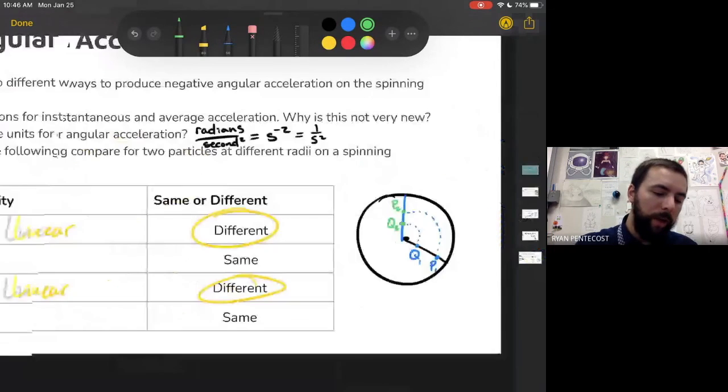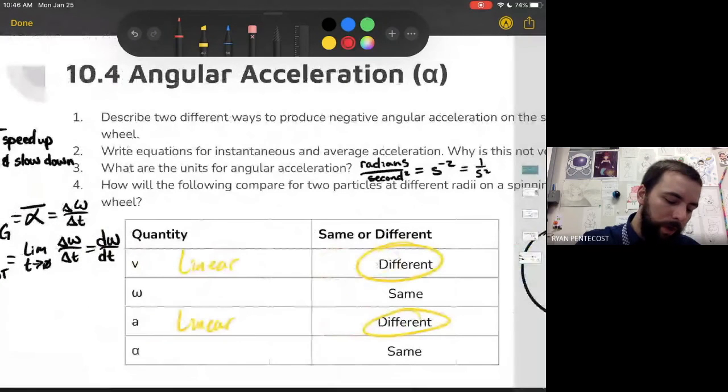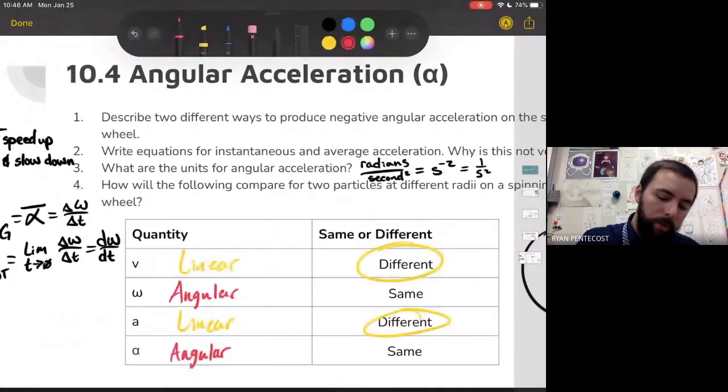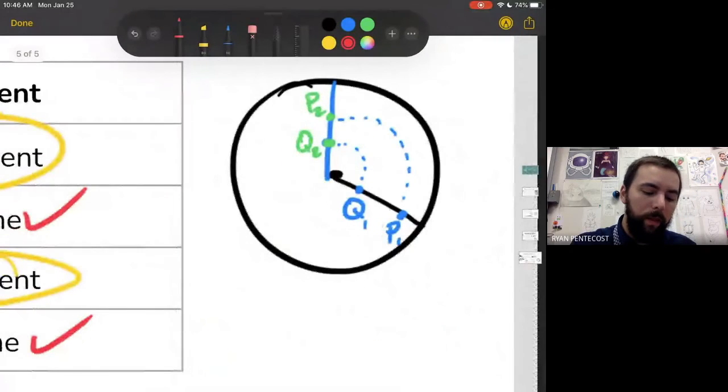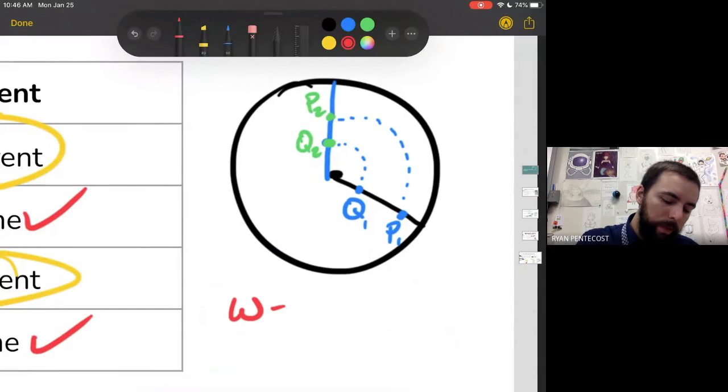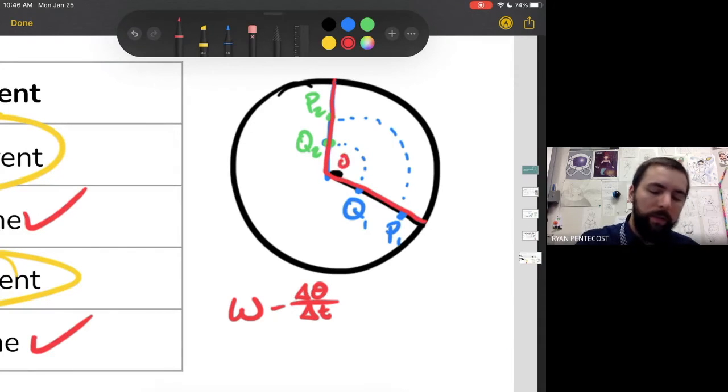However, angular speed or angular velocity and angular acceleration are going to be the same. Because if angular speed omega is the change in theta over the change in time, well, this angle theta here, they both traveled the exact same angle, and they did it at the exact same time.